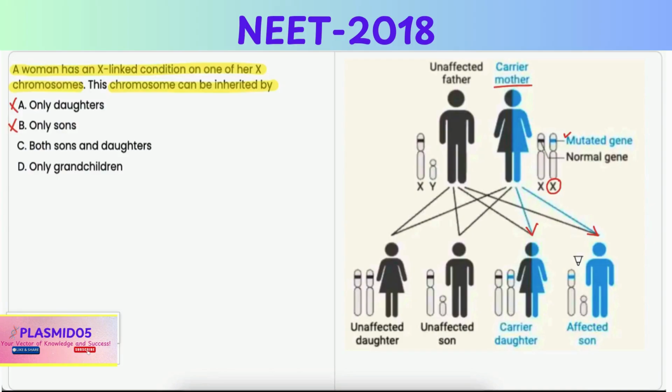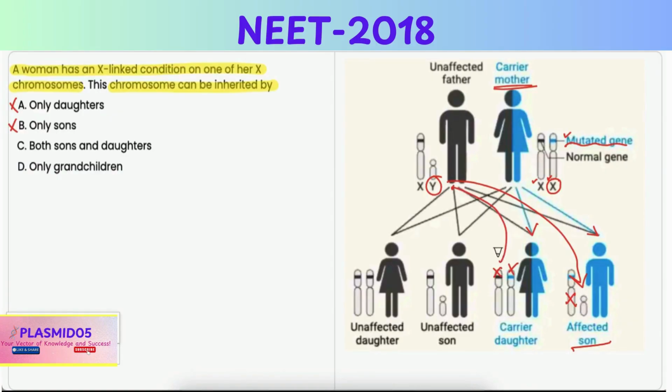Option B, only sons, is also incorrect because of the above stated reason. Option C, both sons and daughters. Now a woman has two X chromosomes and she can pass either one to her child. Sons inherit their X chromosome from their mother and Y chromosome from their father, and daughters inherit one X chromosome from each parent.